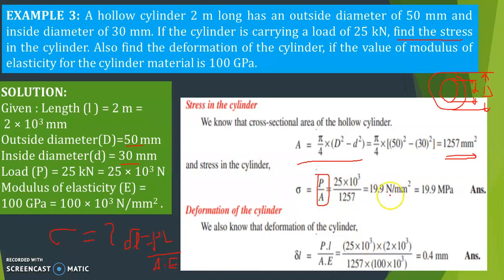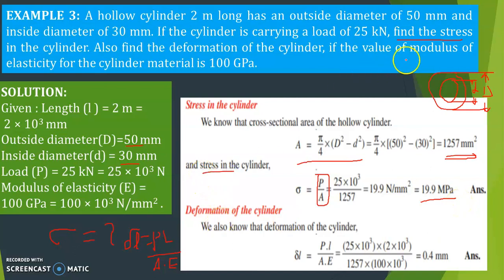So you will get this value in Newton per millimeter square, because P is in Newton and area is in millimeter square. Or you can convert into MPa. 1 MPa is equal to 10 raised to 6 Newton per meter square, or 1 Newton per millimeter square. So this way you can calculate stress.